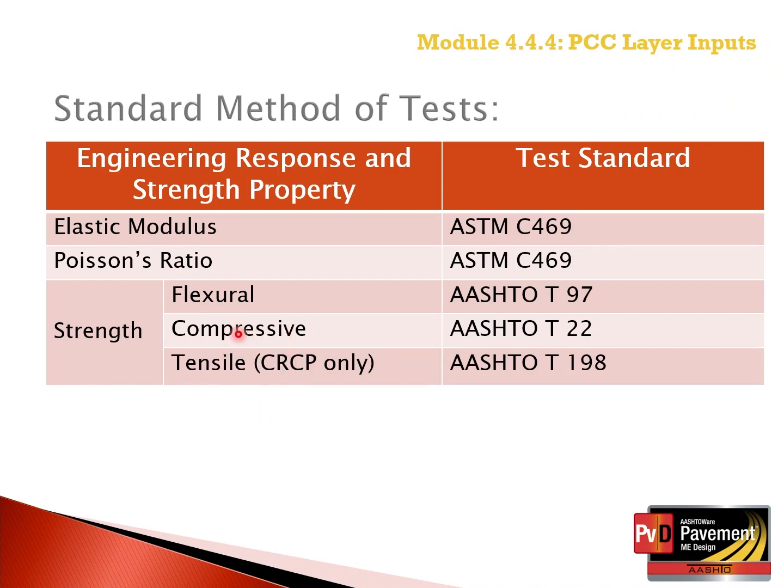So in summary, the test procedures used to measure the PCC material inputs needed for the PMED software are grouped into 4 overall categories: the engineering response and strength properties, as listed on this slide, the volumetric and shrinkage properties, and the thermal and other properties of the PCC mixture. The test procedures for each PCC property are listed in Table 10-4 in the MEPDG Manual of Practice.